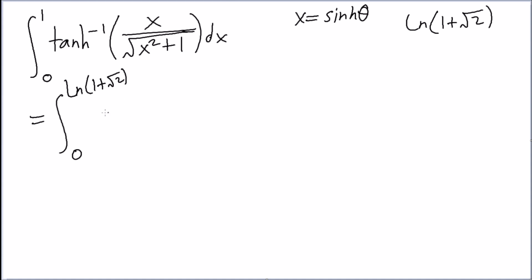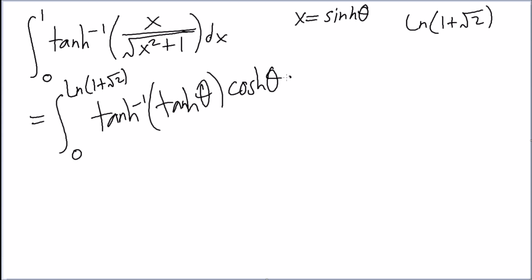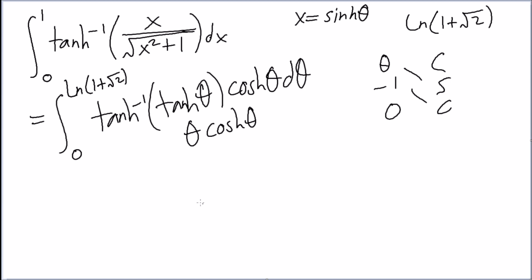But then we have inverse tanh, and sinh over cosh here is tanh theta, and then don't forget our d theta, right? So now we have theta cosh theta, pretty much. Integration by parts, right? And then we are left with theta sinh theta.